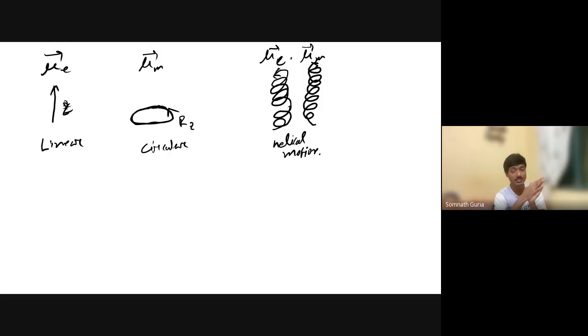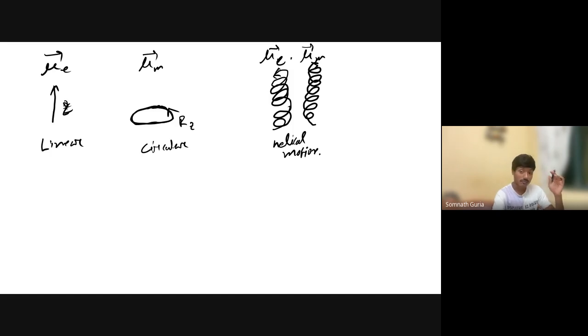So they cancel each other, and they absorb the left-hand and right-hand circularly polarized light similarly. In that case we'll find nothing: there is CD inactivity as well as optical inactivity.